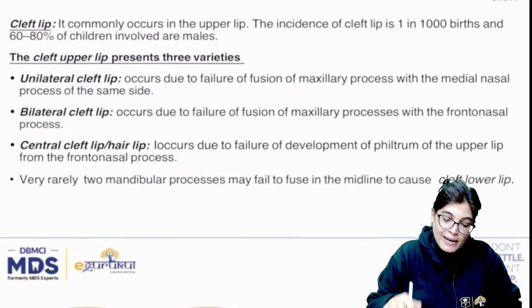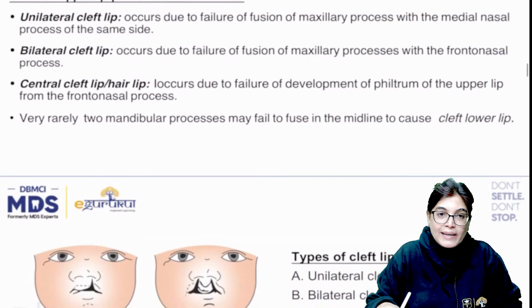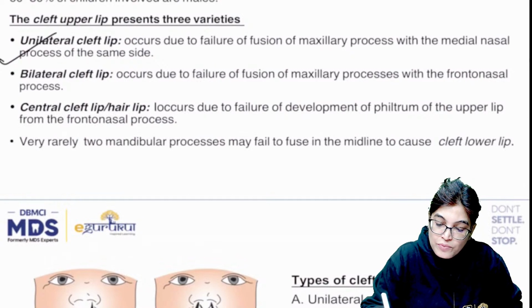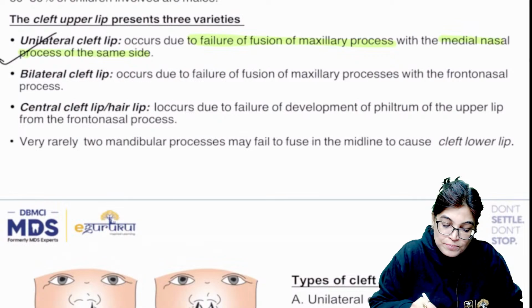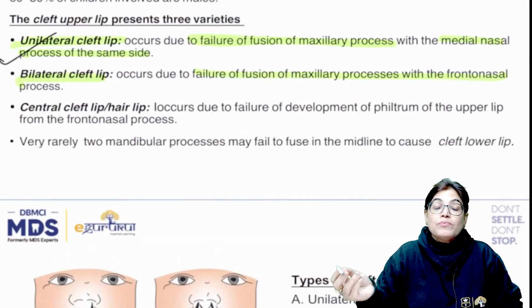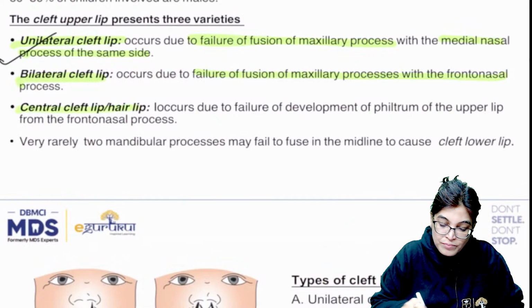We have different varieties of cleft lip, so I would like to tell you about them. Unilateral cleft lip occurs where there is non-fusion of the maxillary process with the medial nasal process of the same side. Bilateral cleft lip is due to failure of fusion of the maxillary process; the entire maxillary process is not fusing with the frontonasal process.